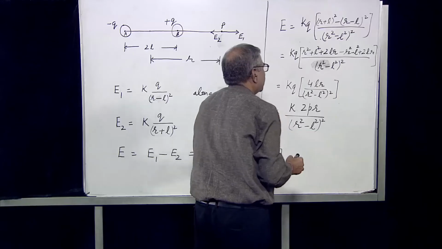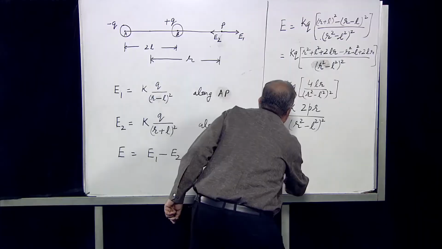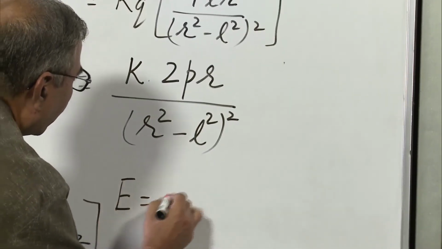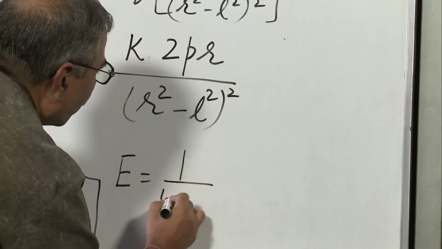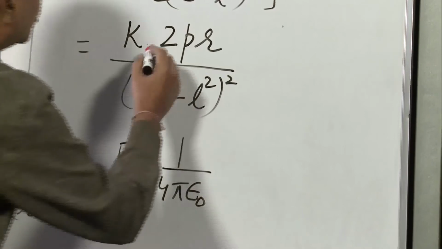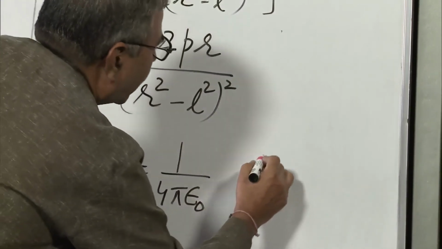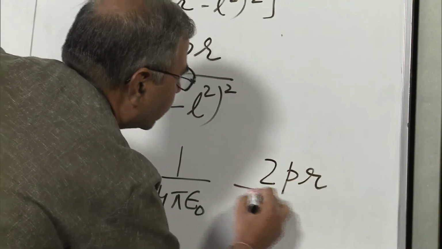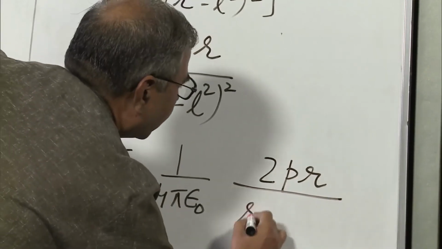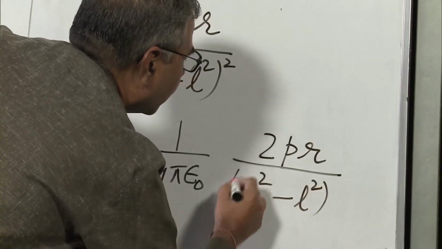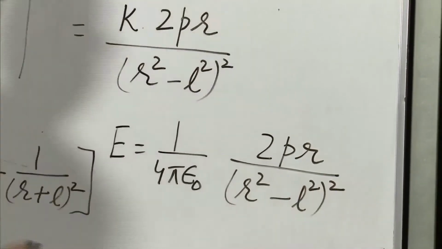Now this K is nothing but 1 upon 4 pi epsilon naught. So electric field E will be equal to 1 upon 4 pi epsilon naught 2PR upon (R² − L²) whole square.